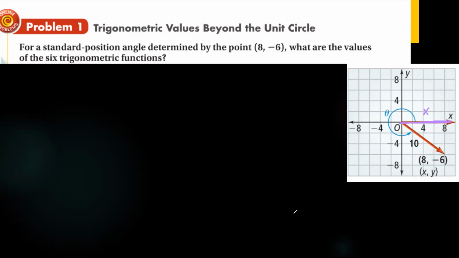Imagine that we have here a unit circle. This is x. This is the radius of the circle. And here we have y.